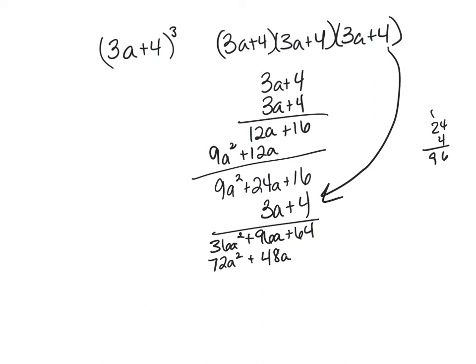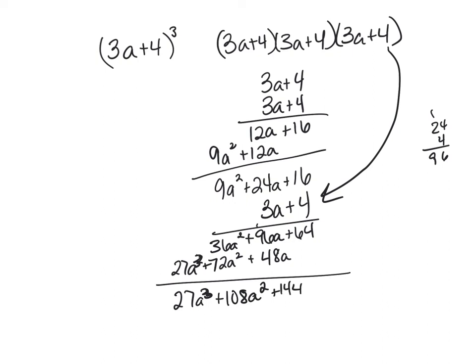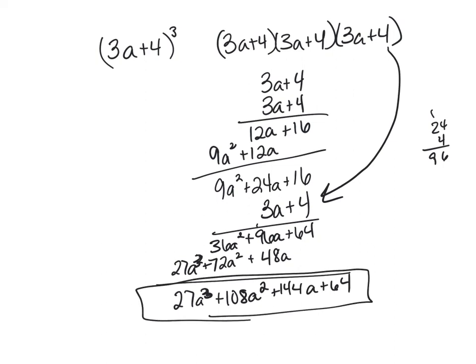And 3a times 9a squared is 27a cubed. So I have 27a cubed plus 108a squared plus, that's 4, carry the 1, 144a plus 64. And that is my final answer. If you just get two terms when you're asked to cube a binomial, you are not doing it right. You have to multiply it out 3 times.